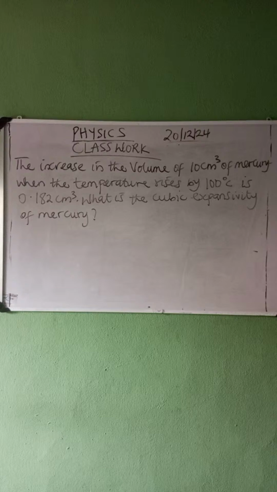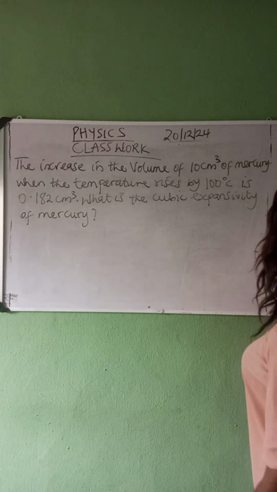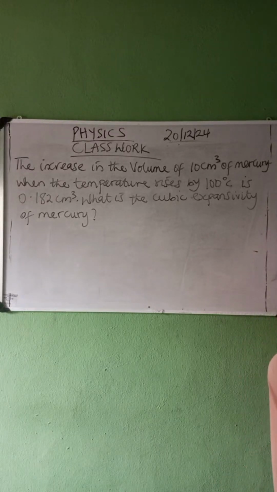All right, let me solve. The increase in the volume of 10 centimeter cube of mercury when the temperature increases by 100 degrees Celsius is 0.182 centimeter cube. What is the cubic expansivity of mercury?